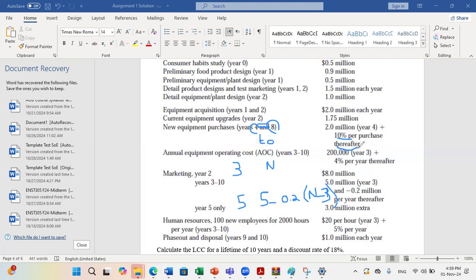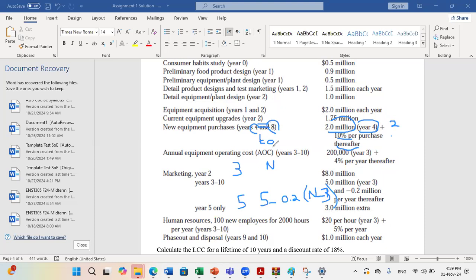They should tell us, instead of thereafter, they can just say for next purchase, if you want. So if at year 4, for the first purchase, it was $2 million, the second one, which is at year 8, we should add to it just 10% of the value. This means that in the column of year 4, you just have to put 2.